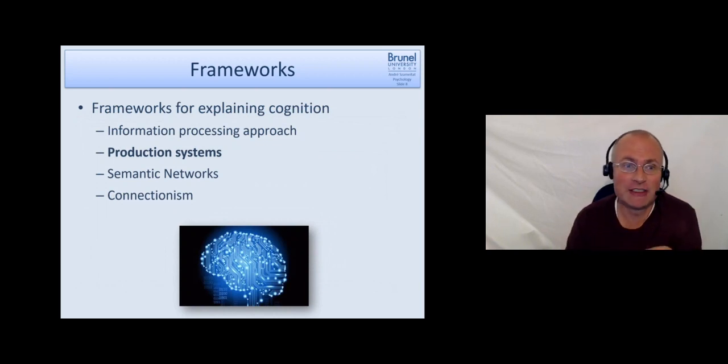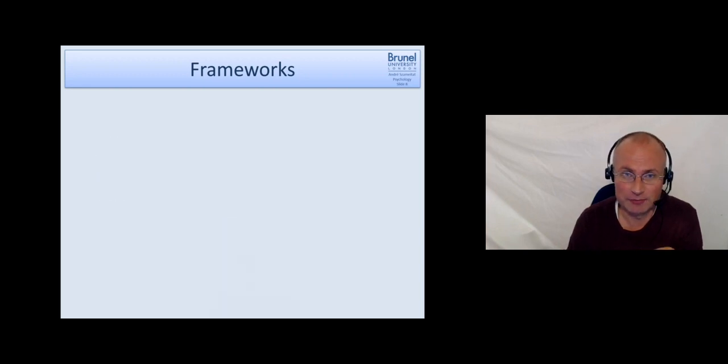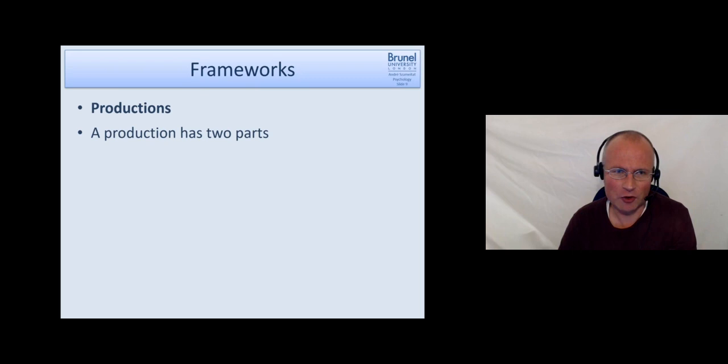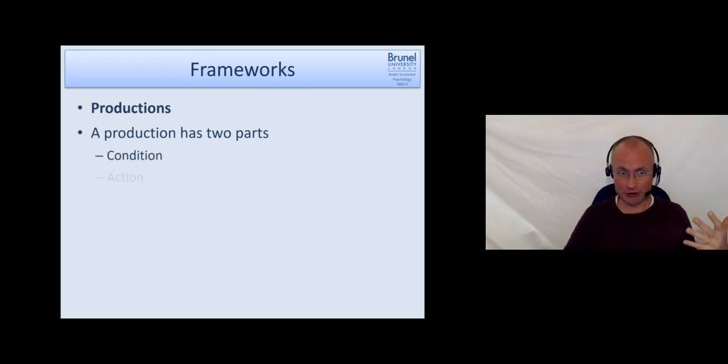Another approach are so-called production systems. And that maybe sounds a little bit complicated, but basically, it's if-then rules, as you will see now. So a production has 2 parts. One part is the condition, and the other part is the action.